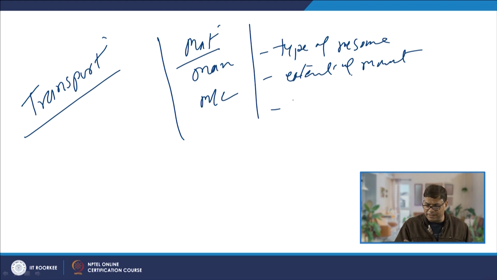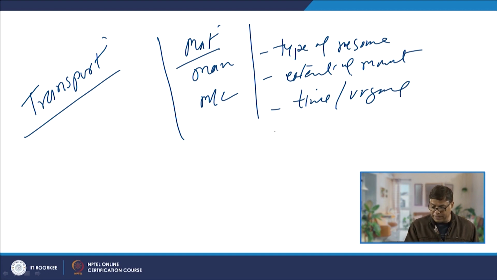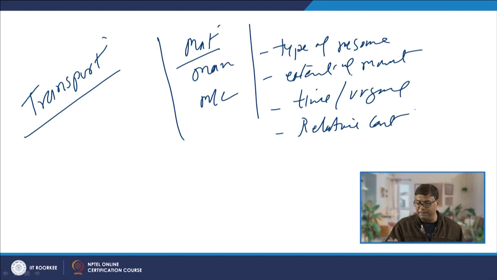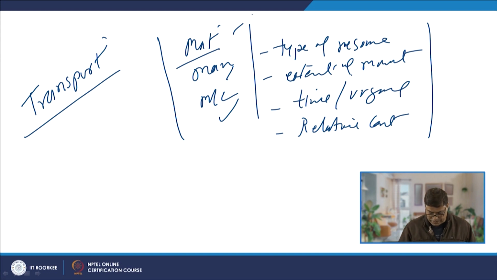Third is the kind of timeline available for the movement, the kind of urgency, and then what are the various options available. Out of those options, what is the relative cost of moving the resources, man, material or machine.